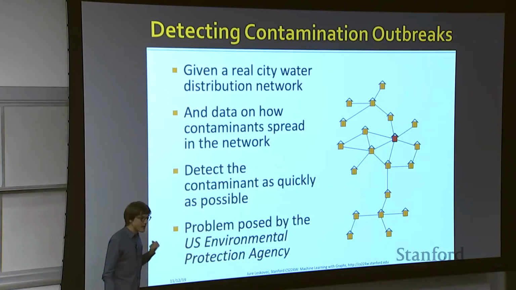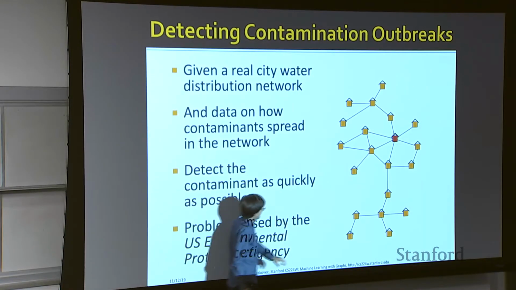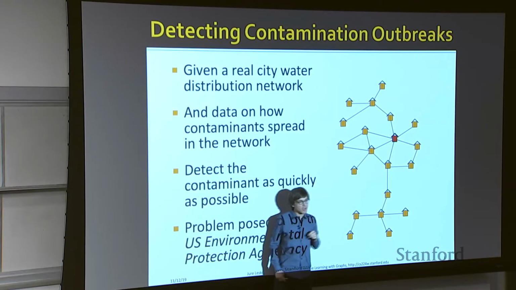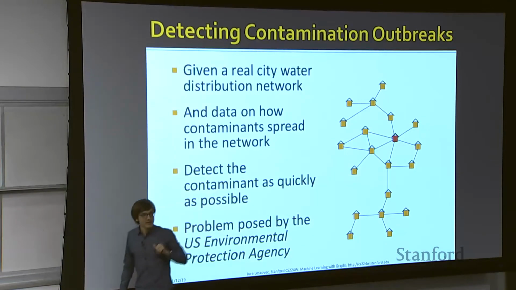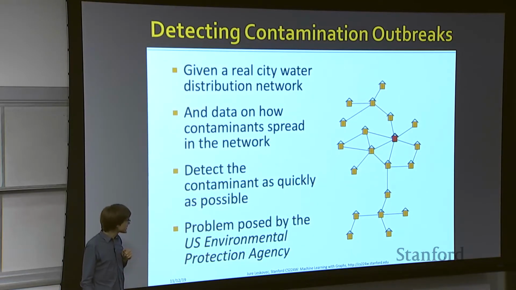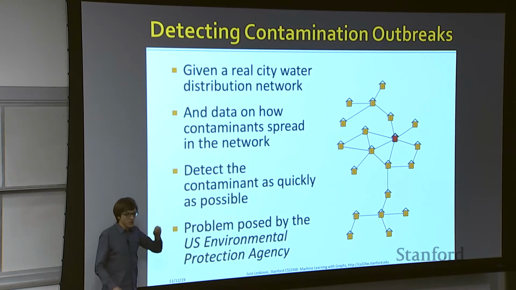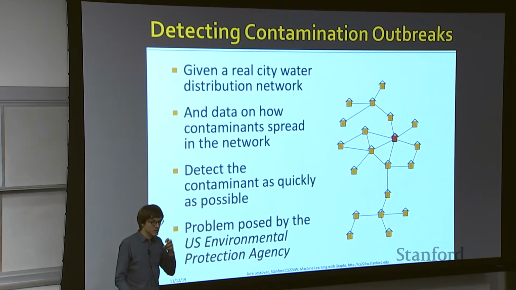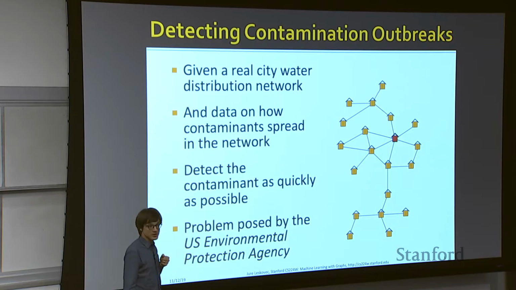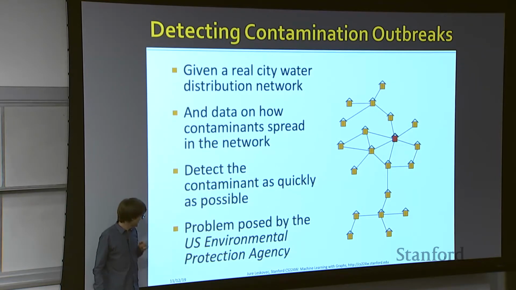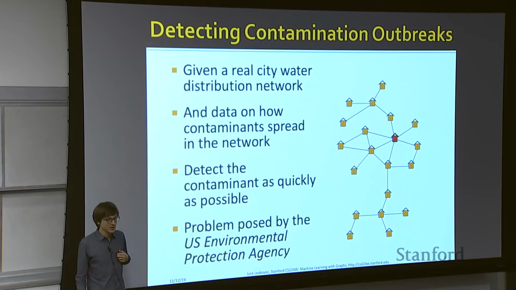The idea is that at any point in time, there might be some contamination happening in this network. The question is, where should you place your sensors so that you can detect these contaminations as quickly as possible? This was really the problem that the US Environmental Protection Agency deeply cares about.